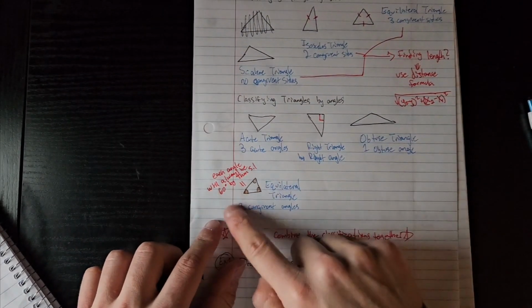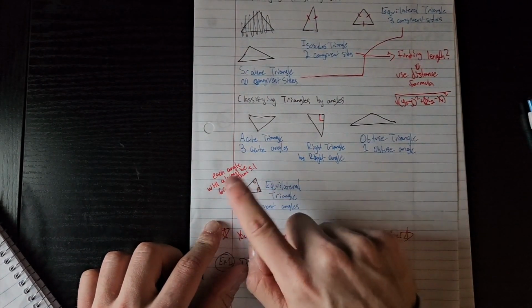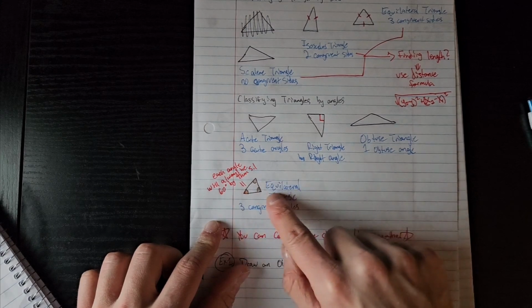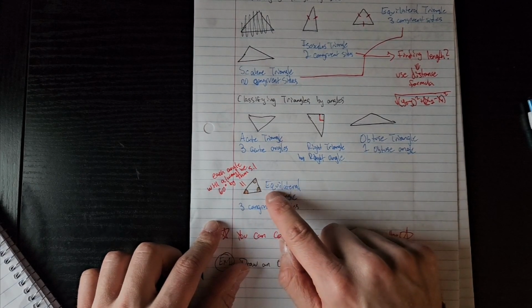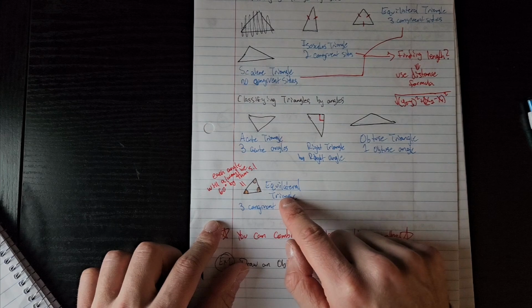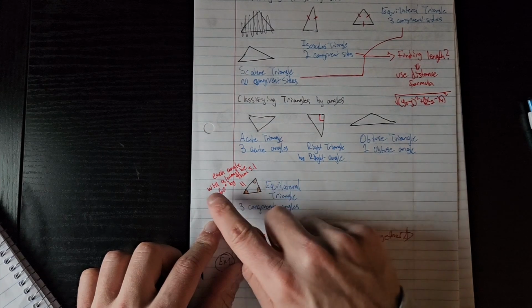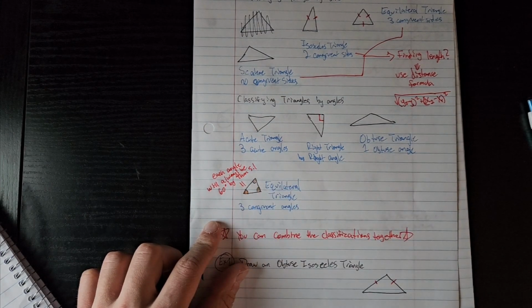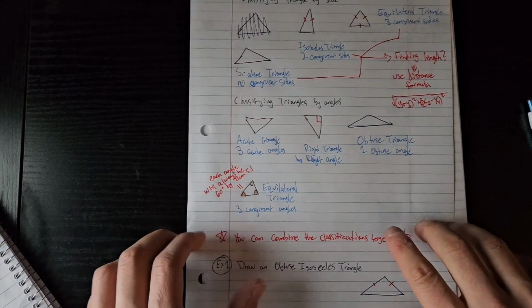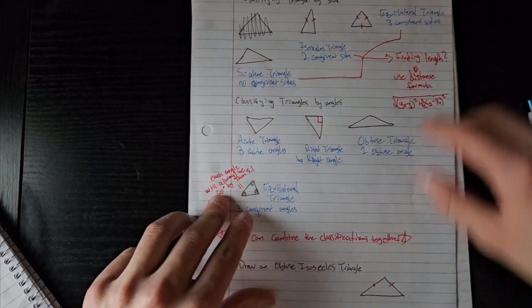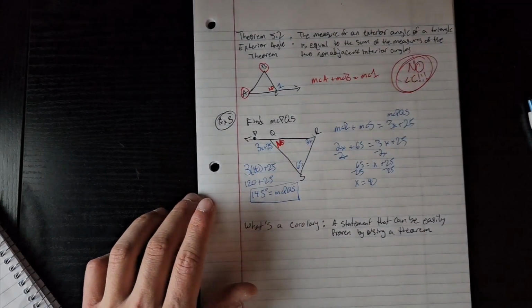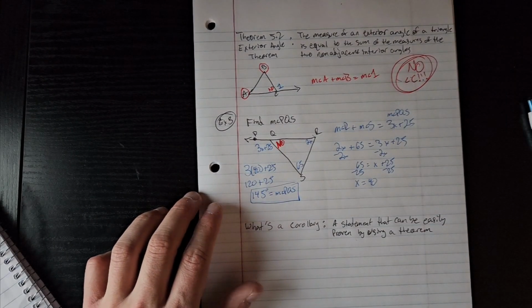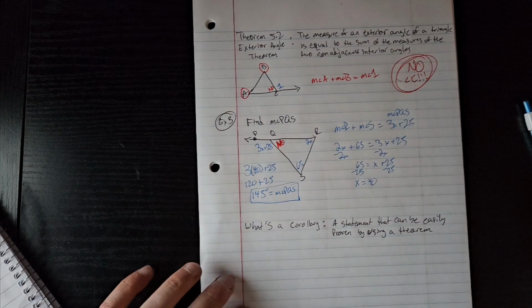Is very informal. This could be a corollary. We could write it into like a real statement, like an equilateral triangle will always have 60-degree angles, and that would be a corollary.